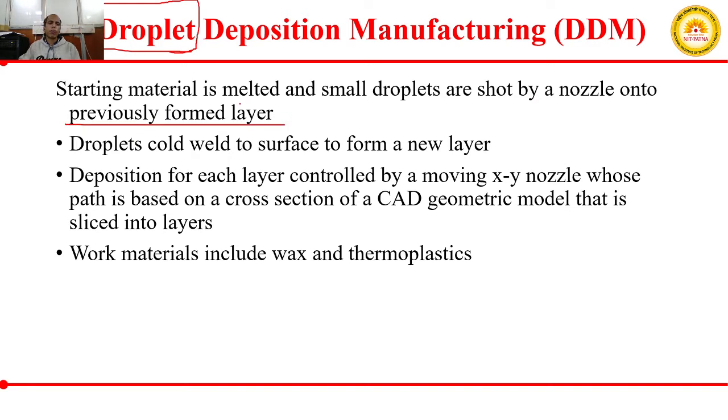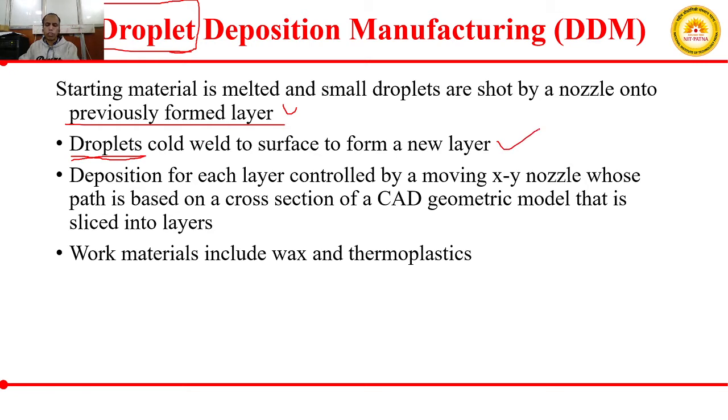When we are printing the first layer, these are shot on a base. This material is deposited in the form of droplets, and as soon as it is solidified, we move to the next layer.